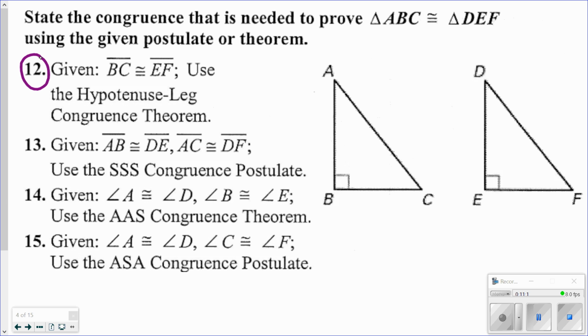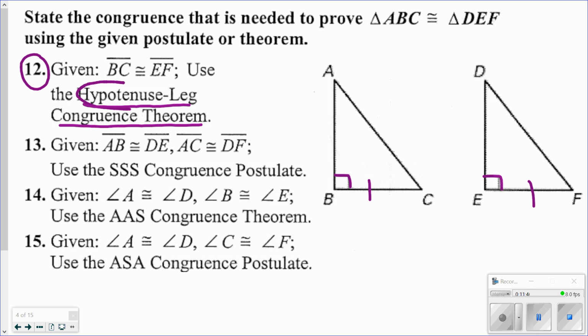All right, so for number 12, we are given that BC, I'm going to mark this, is congruent to EF. We want to use the hypotenuse leg theorem. What additional information do we need here? Well, if I look at my diagram, I notice I have my right angle, so that is good. I also know that I have two legs that are congruent.